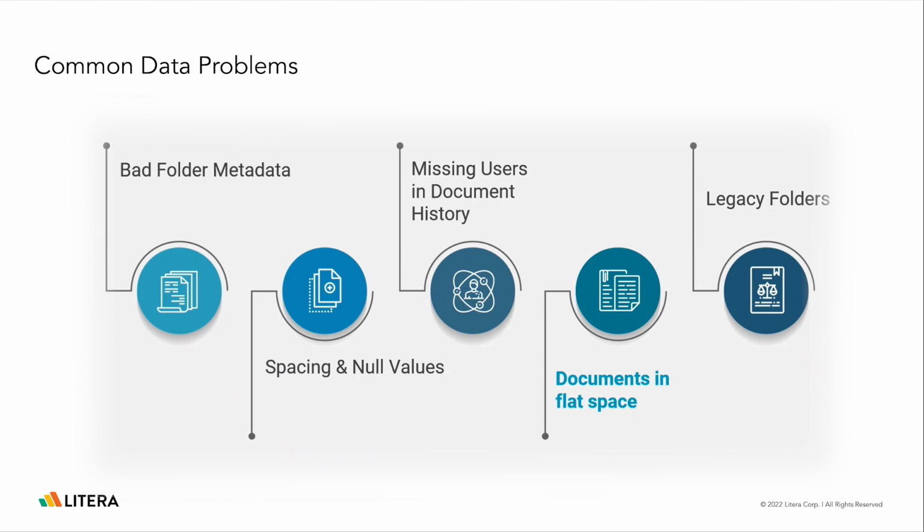We will deal with leading and trailing spaces and get rid of them. Missing users in document history. Actually, it's missing users who are only in document history. If a user has been removed instead of disabled, that won't show up in DocMaster. So any document you try to synchronize is going to fail.